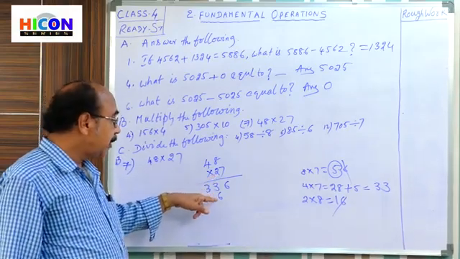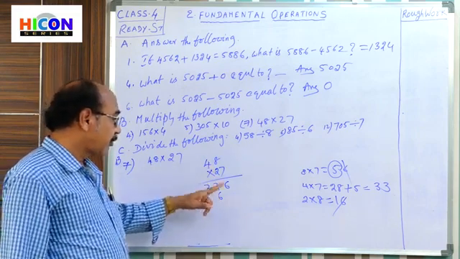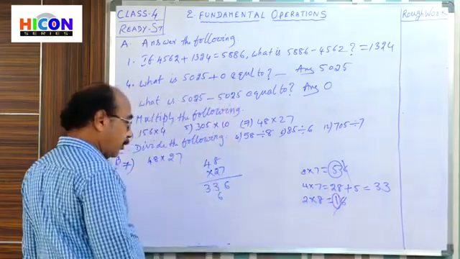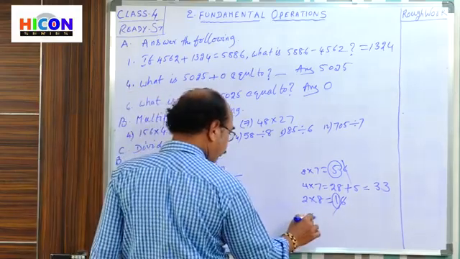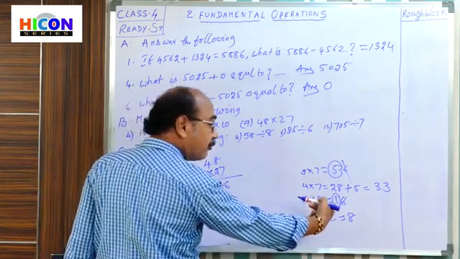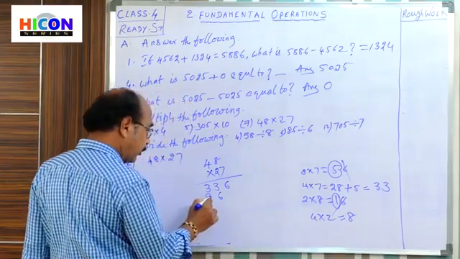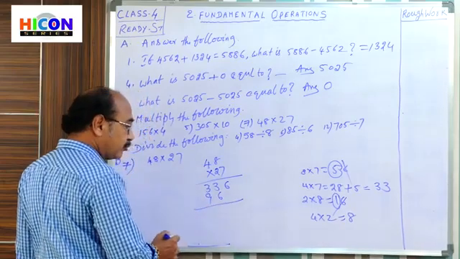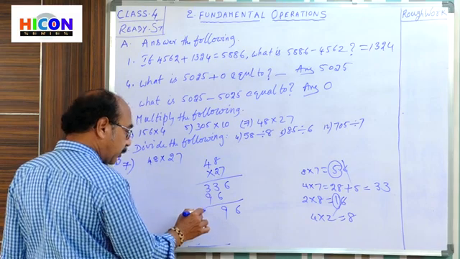That's why write 6 in the tens place. 2 eights are 16, 1 is there. Keep 1 in mind. Now multiply 4 with 2. 4 twos are 8. 8 plus the 1 already in your mind, so 8 plus 1, 9. Now add: 6 plus 3, 9. 9 plus 3, 12.